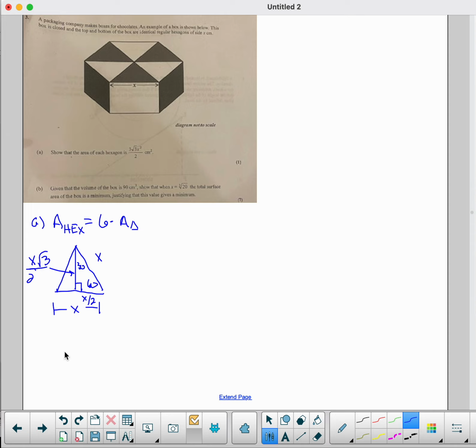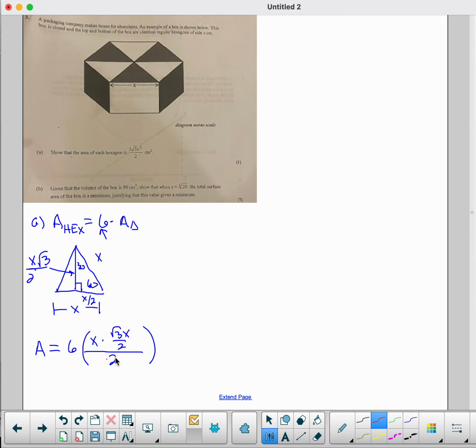So the area of a triangle, well, first I'm going to put the 6 in front because there's 6 of them. The area of the hexagon is 6 times the area of one triangle, which is base times height over 2. The base is x. The height is root 3 x over 2, all over 2.